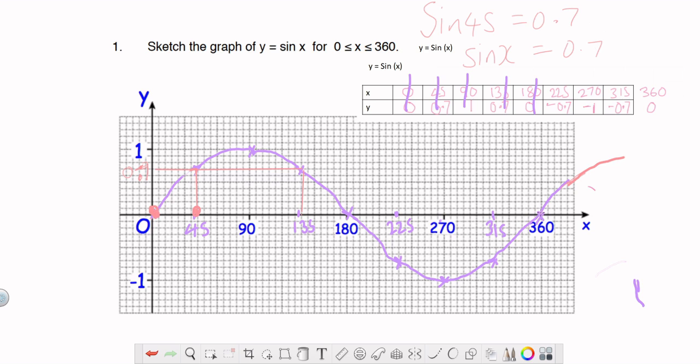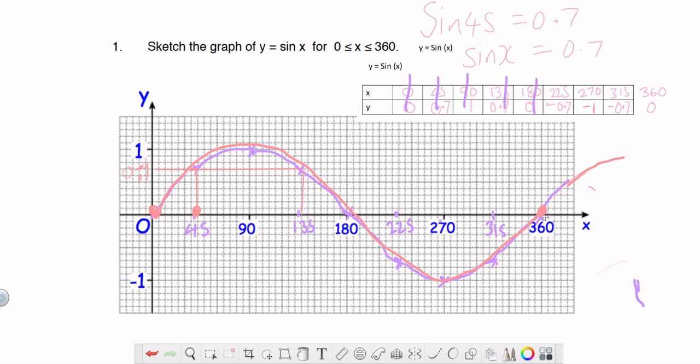Sine 360 is also 0. So this wave that I've got here, I'm just tracing that wave again, carefully. This wave repeats itself after 360. It repeats again.